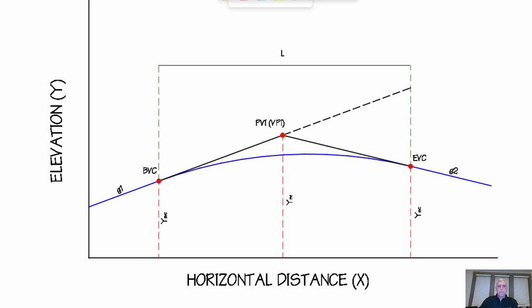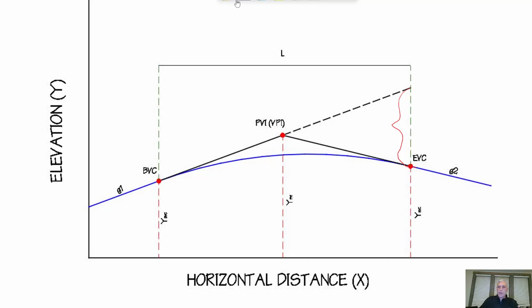So we're going to approach this in two ways. The first way being the simpler. And what motivates this discussion is this distance right here. Okay.